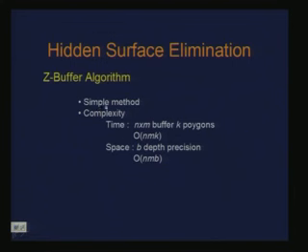If you want to look at it from the complexity point of view, the complexity in terms of time, let us say I have the size of the buffer as n into m, and then there are say k polygons in the scene, then the order is O(nmk). So, nm is the size of the buffer and k is the number of polygons.